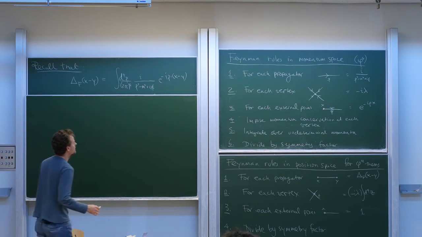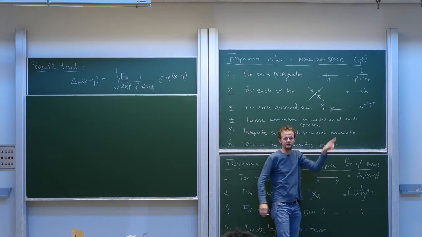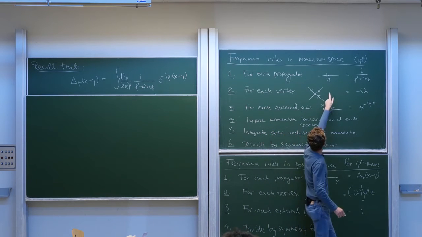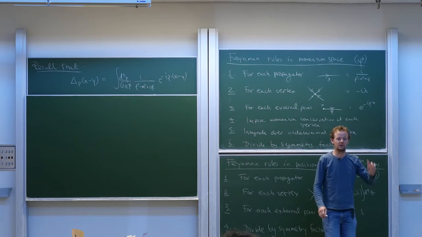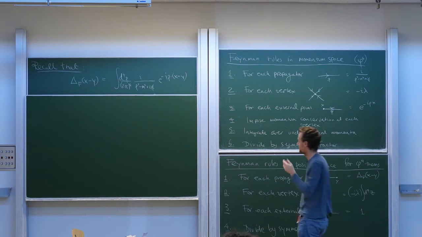So the question is what happens if you have a vertex where one of the arrows points the other way? You just associate a p to each line, and you're just going to have negative p associated with that line.